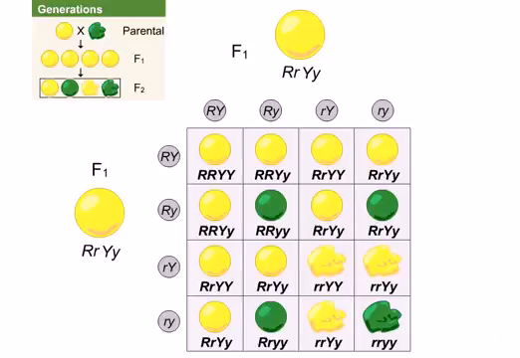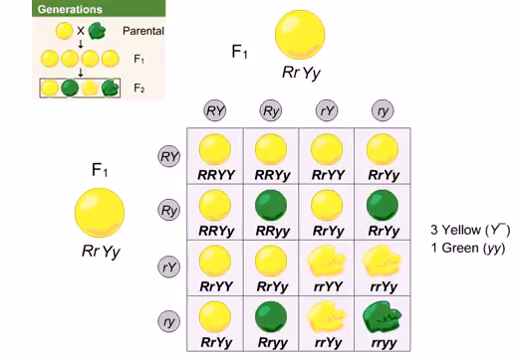Although our cross involved a difference in 2 traits, we can examine each trait individually to see the typical 3:1 ratios of single trait crosses. There are 12 round peas and 4 wrinkled peas, or a ratio of 3 round peas for every wrinkled pea. There are also 12 yellow peas and 4 green peas, or a ratio of 3 yellow for every green pea.